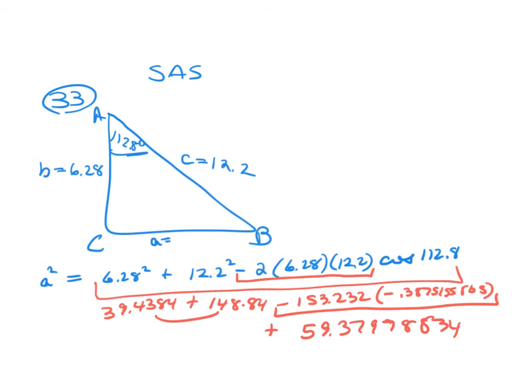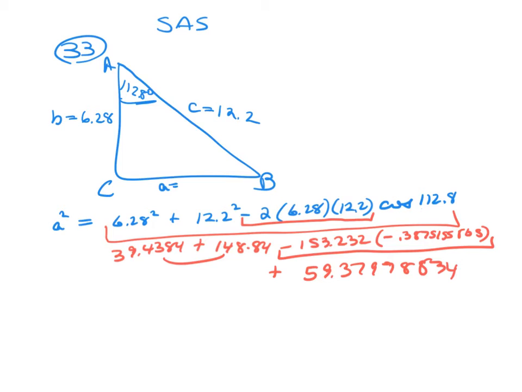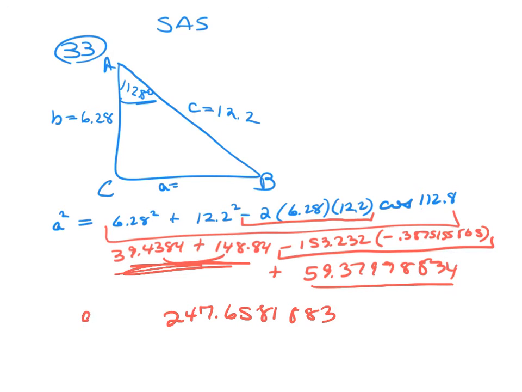So 39.4384 plus 148.84 plus the 59. And again, just do this continuous in your calculator. Once I add these two and this, I get 245.6581883, and this is a squared, so I got to square root it.